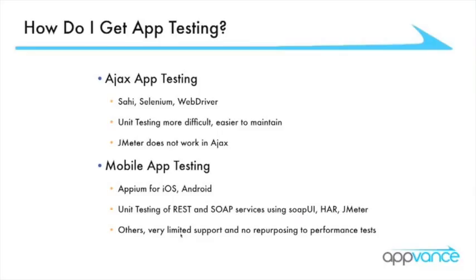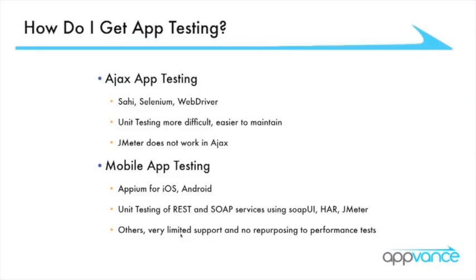There are lots of others out there. I shouldn't say lots. There are some others out there that you could turn to for mobile app testing. One of them has a popular project for doing functional testing of iOS apps. The downside there is that there isn't any repurposing of those functional tests to be performance tests. That's clearly one of Appvance's precepts or ideas.